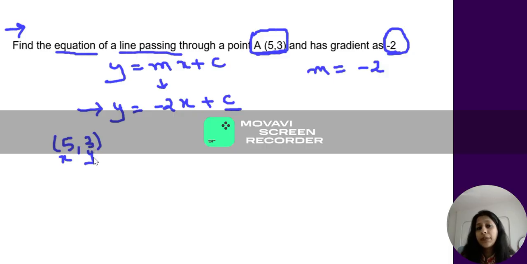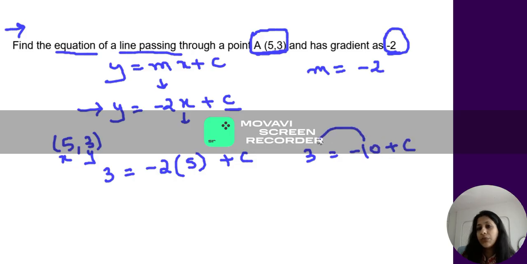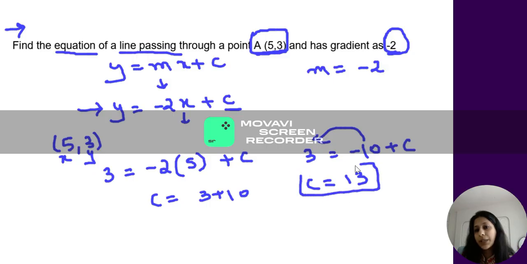Plug in the values of x and y now. For y, you're going to put 3 equal to -2 times, for x, 5, plus c. So that becomes 3 equal to -10 plus c. So 10 goes over here. c becomes 3 plus 10, and so the value of the constant c, that is, your y-intercept, comes out to be 13.